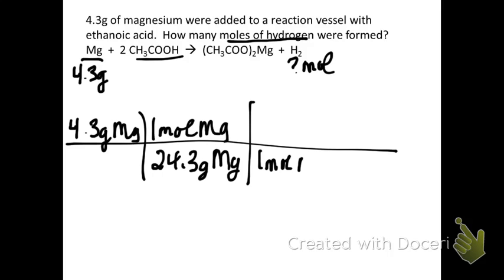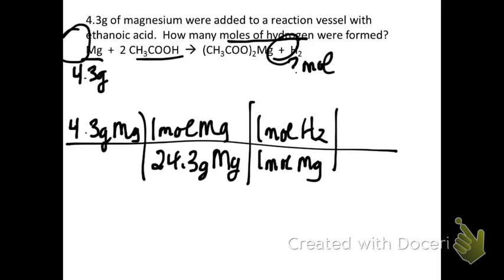A mole of magnesium, if you look here, there's a 1, coefficient of 1, to the hydrogen, 1 mole of hydrogen. Now, do I need to go further or not? The question asks for moles of hydrogen. Since I'm in moles of hydrogen, I'm going to stop. Plug it through on my calculator, and I get 0.18 moles of hydrogen.